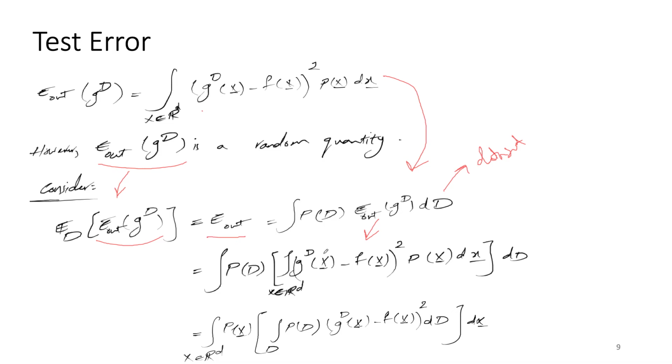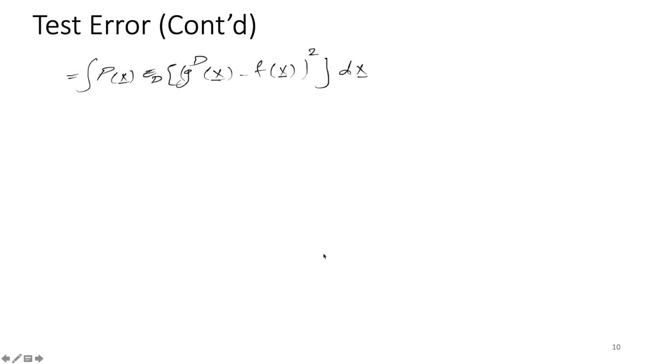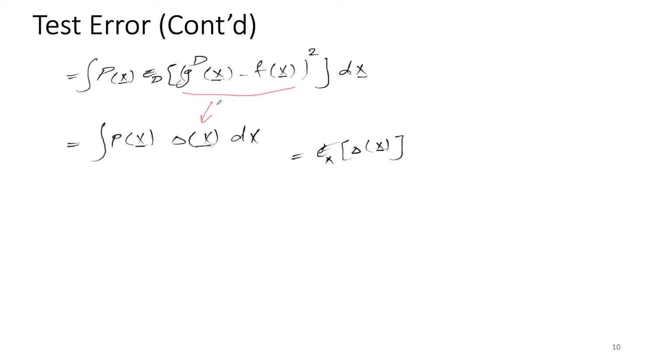All right, continuing with this, we're going to have the integral of p(x) times the expected value over D of g_D(x) minus f(x) squared, and this will bring us again our delta x. So your test error would be equal to the expected value of the average error, which is sort of intuitive for us.